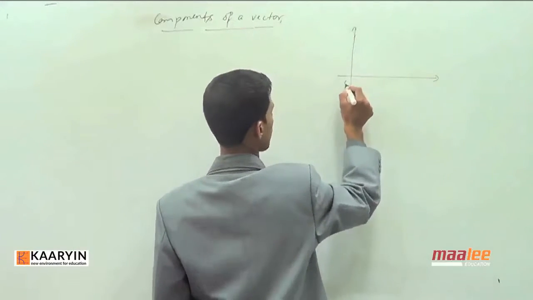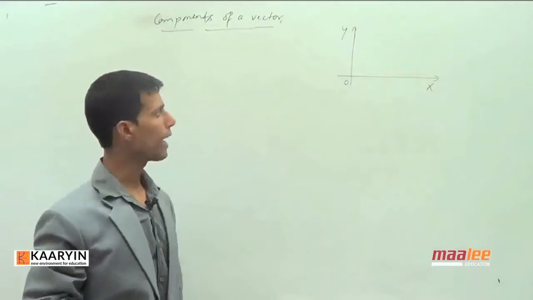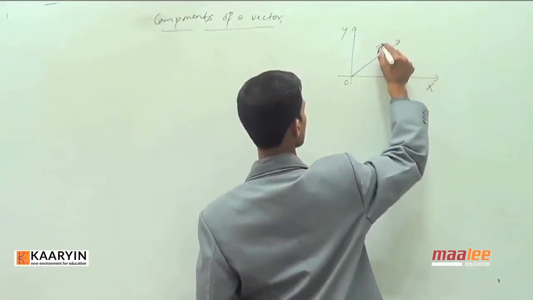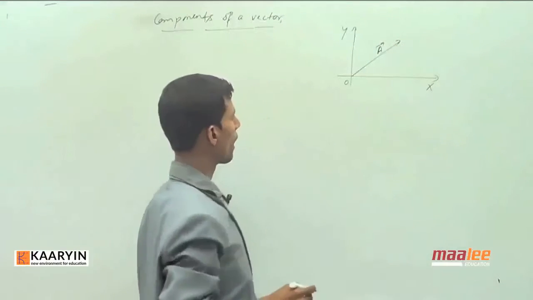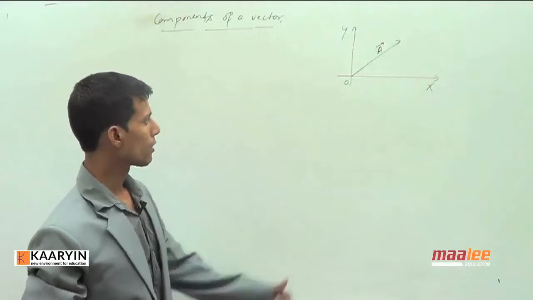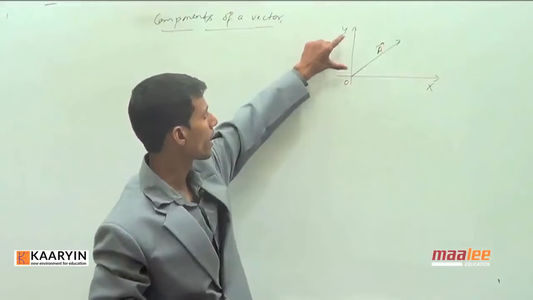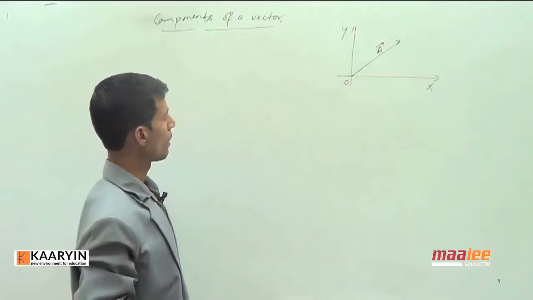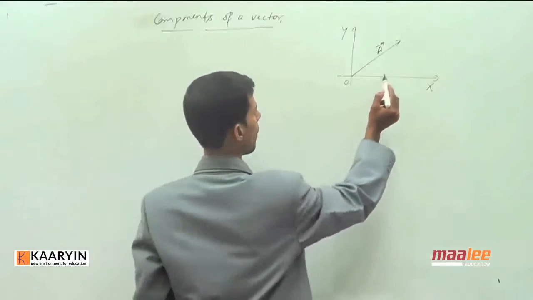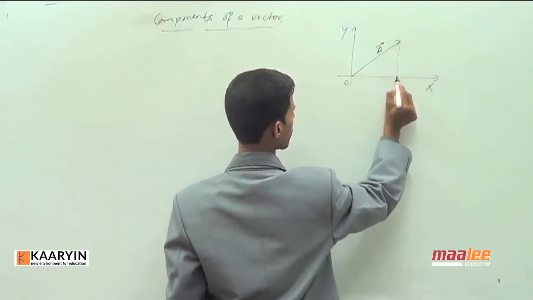Now, suppose we have this is my x axis, y axis, and we have a vector A on this, and I want to find out what is the component of A on the x axis and what is the component of A on the y axis. To do that, we draw a perpendicular from the head of the vector A on the x axis.